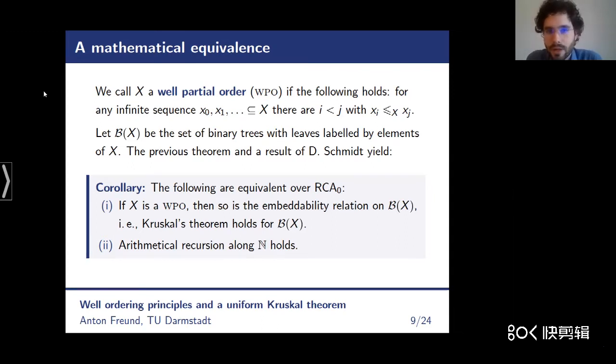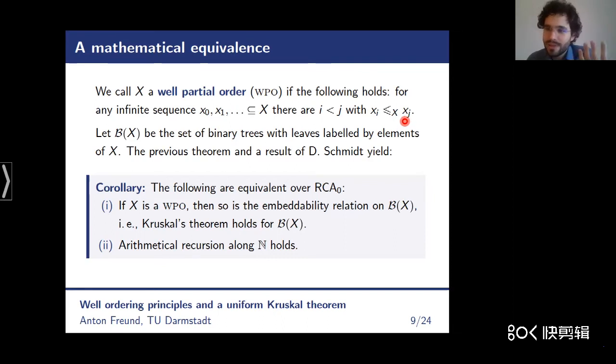So a partial order X is called a well partial order if the following holds. Whenever you have an infinite sequence of elements in your order, then there are indices i smaller than j, such that the earlier element xi of your order is bounded by the later element xj in your sequence.